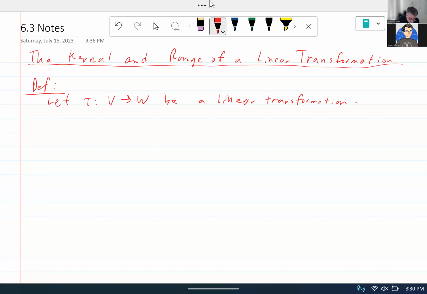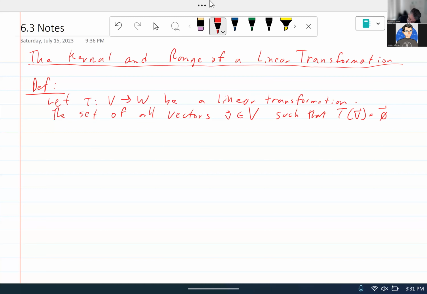The set of all vectors v that are an element of V such that T of v is equal to 0. So anything that transforms a vector into the 0 vector, that's part of the kernel.